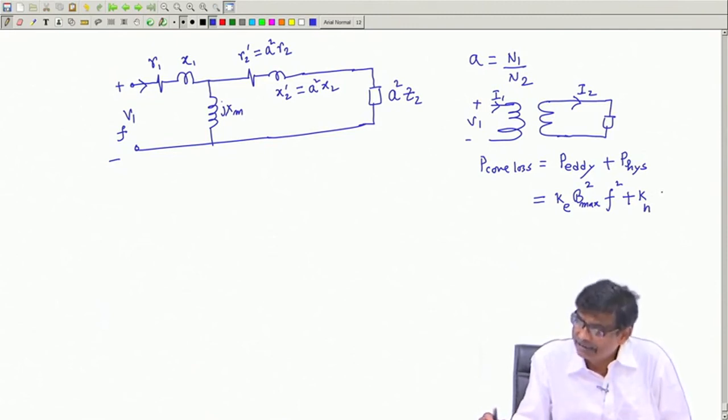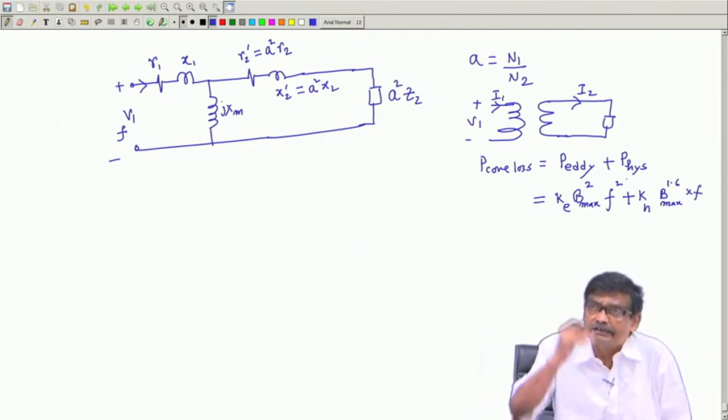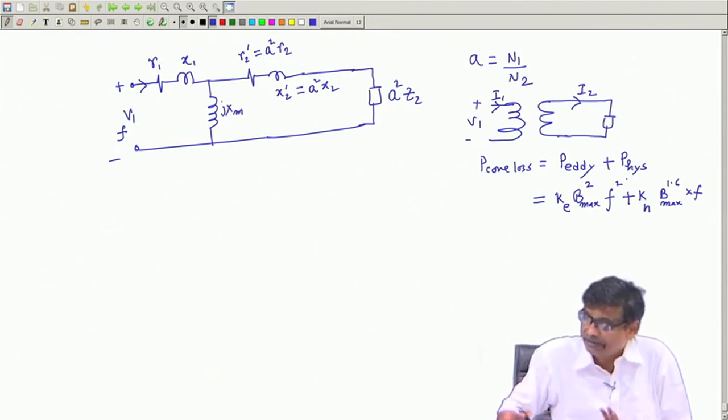Instead of writing that, it is proportional to, I will say, B max maybe raised to the power 1.6 into F. It is one of the more exact results for the loop area, but okay, this is like this.